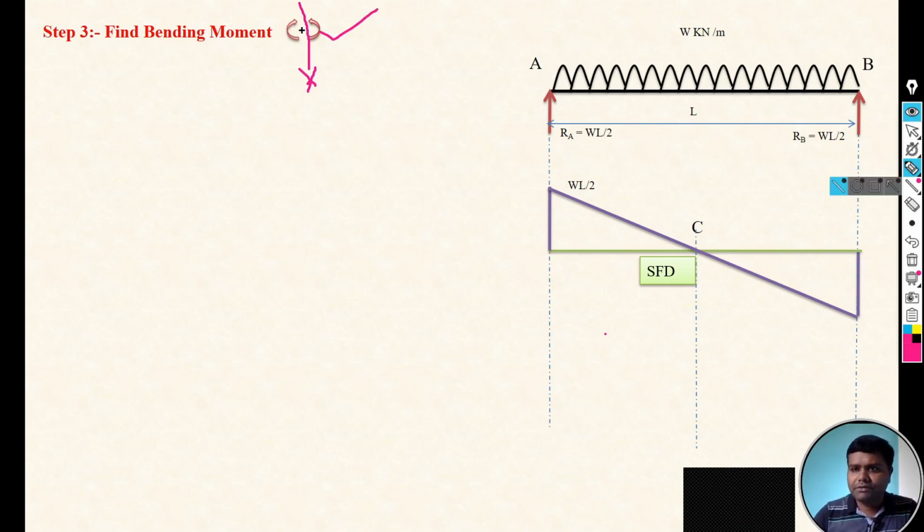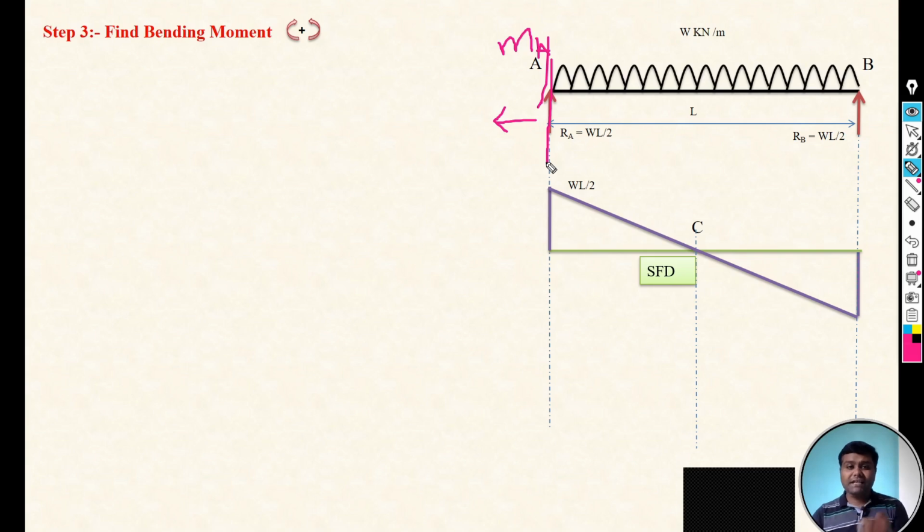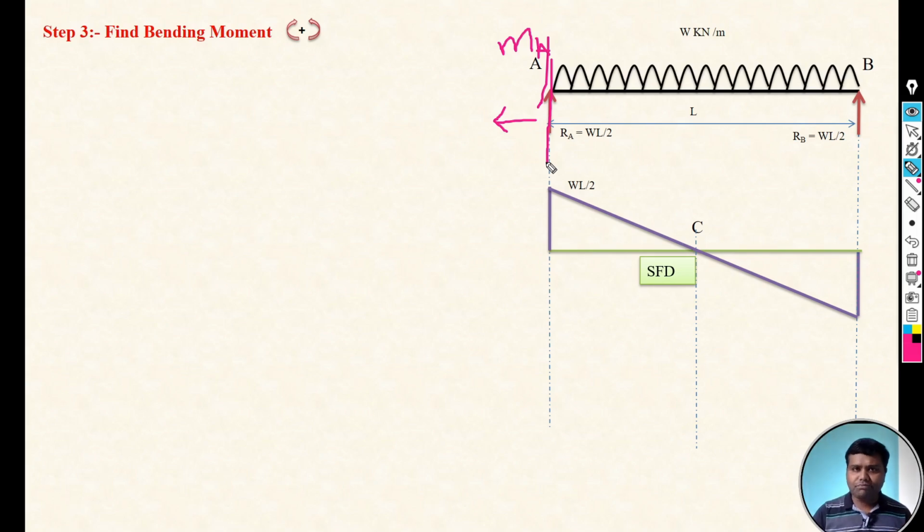So directly we will take the moment at A point, that is MA. We are considering the section at A point, and we focus on the left part of that particular section. There will be no force, which means the bending moment at A is 0.